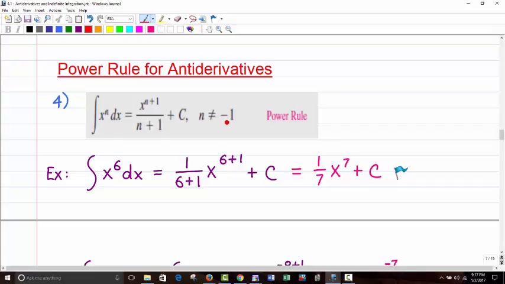It can be any fraction, positive, negative, anything, but not negative 1. And you can see because negative 1 would cause 0 in the denominator. However, in a later video that I'll make, you'll see what the answer is when it is negative 1. It just can't be used from this rule, in other words. It has its own special answer.